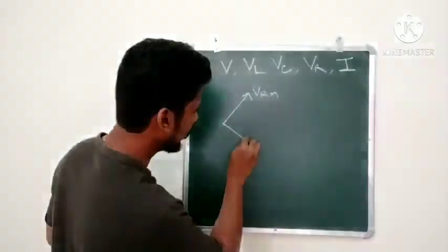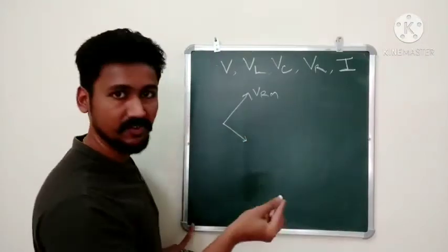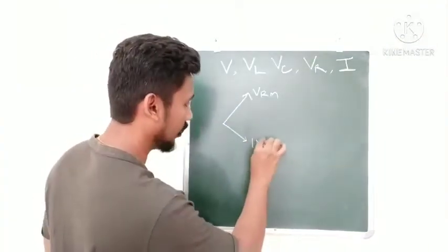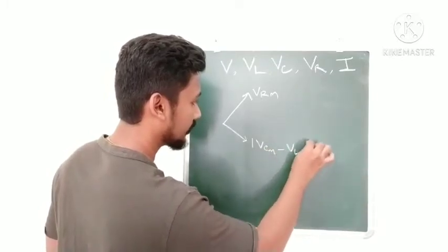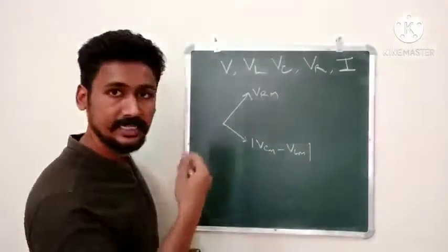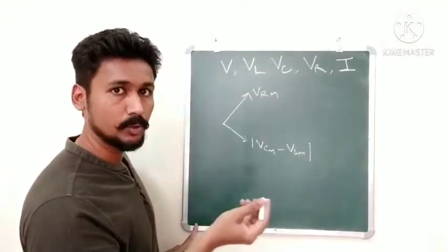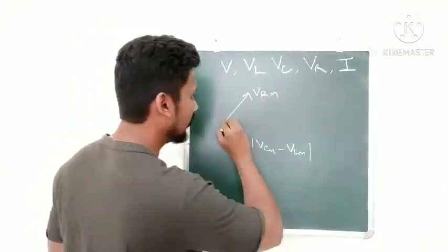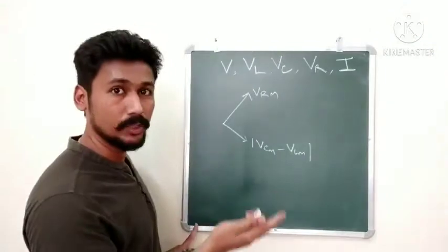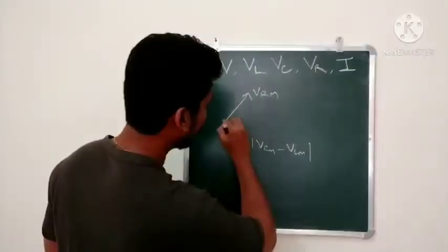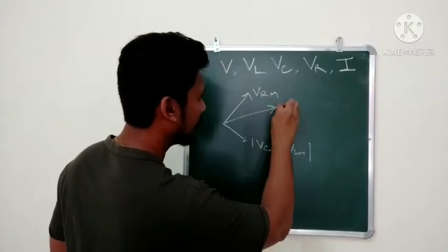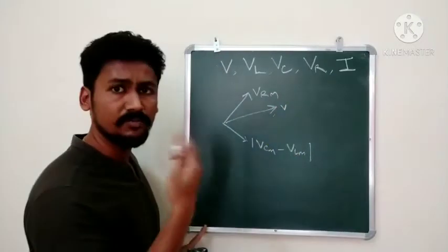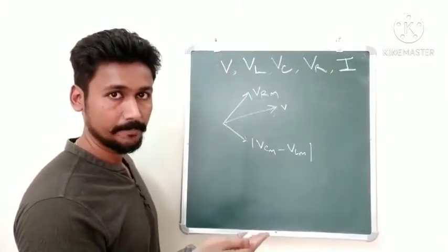And here we will have the combined vector, which has a magnitude of VCM minus VLM. These two vectors combine, and their output is the input AC voltage, the vector that will get here. This is nothing but the peak voltage that is actually provided.